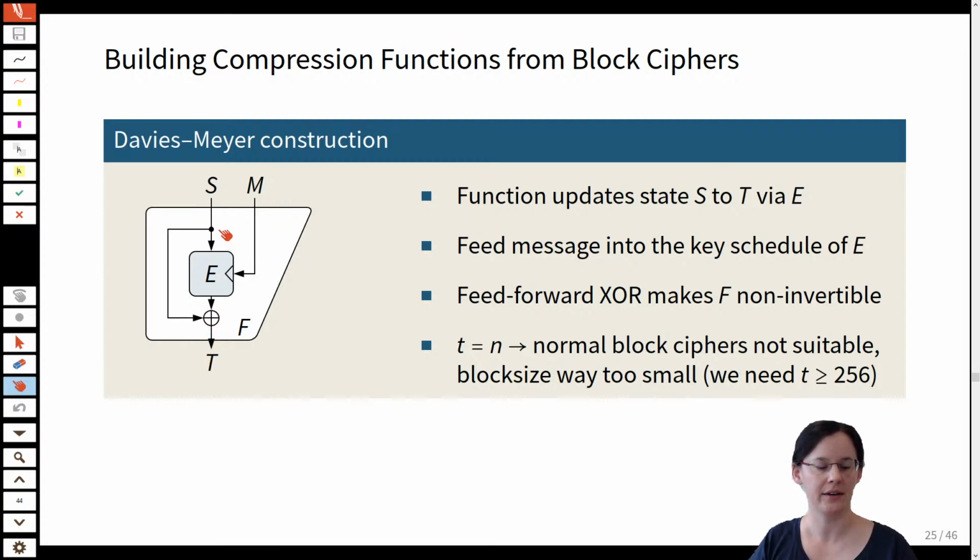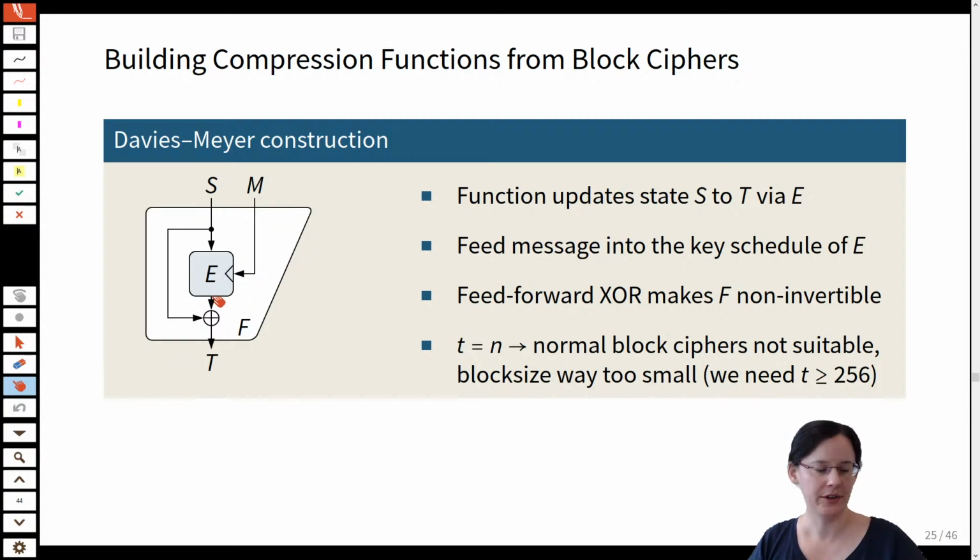And this way I can't get back from here, because to get back to the block cipher, I would already need to know the input of the block cipher, which I don't, because that's what I'm trying to recover. So I can't attack this. And there are a bunch of other ways you could put together the state and the message. You will explore a few of these combinations in the exercises and find out whether it's a secure combination or not.